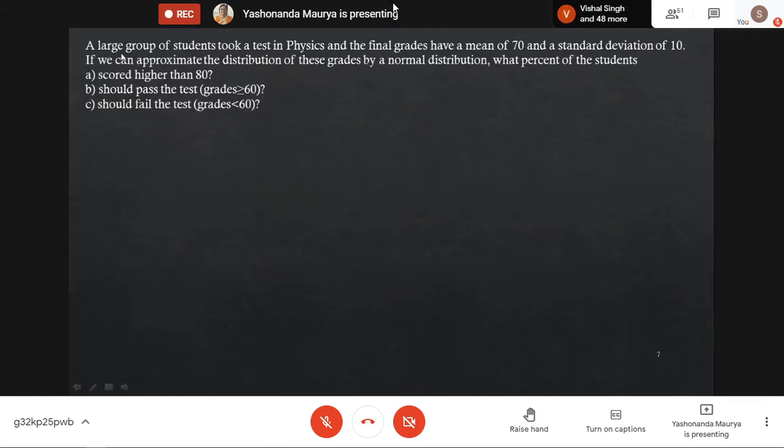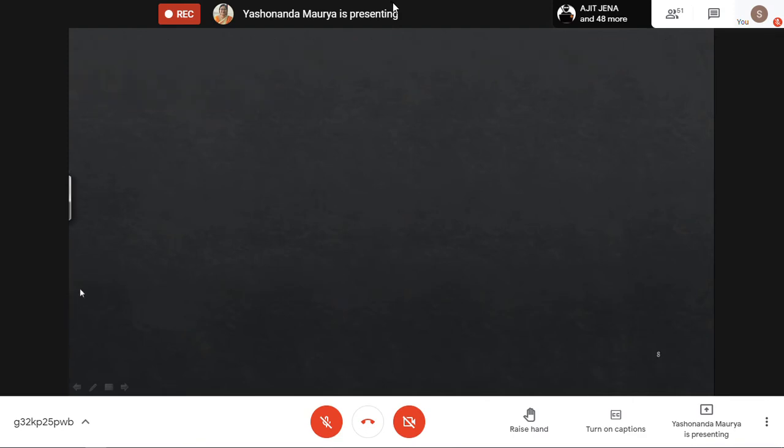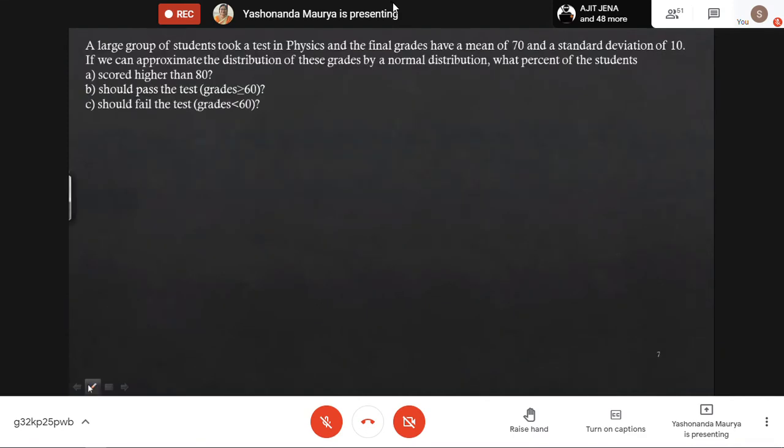This is also similar. A large group of students took a test in physics and the final grades have mean equal to 70 and standard deviation 10. If we can approximate the distribution of these grades by a normal distribution, what percentage of, so what is given over here? Let the marks obtained be denoted by the random variable x.